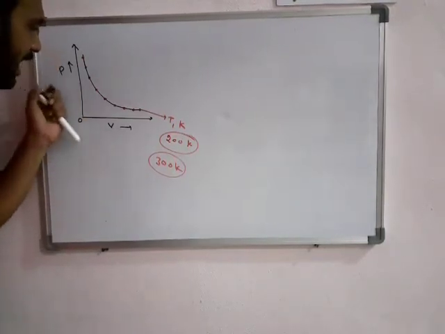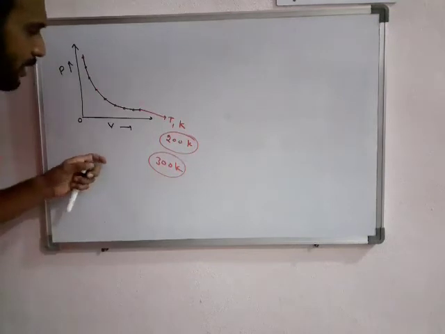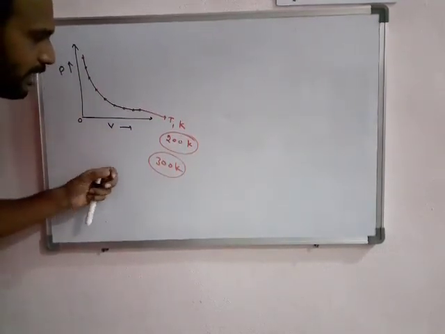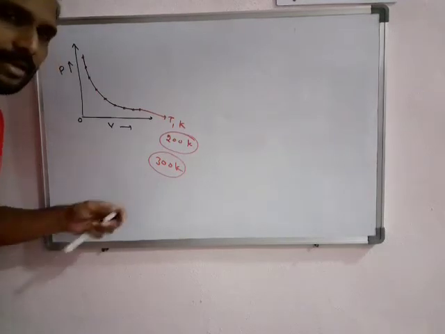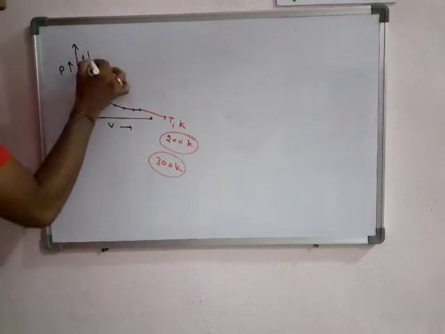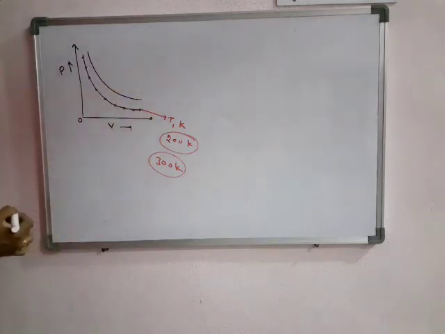So we will get the same type of curve, inversely proportional. But the change between 200 Kelvin and 300 Kelvin is just the position of the graph. The graph just comes here, that's all.